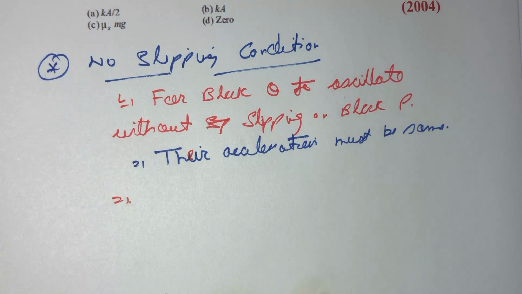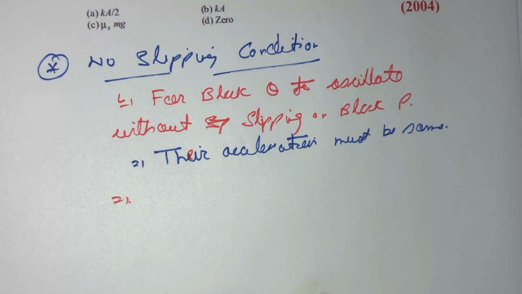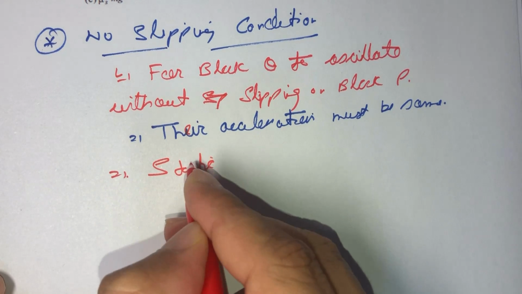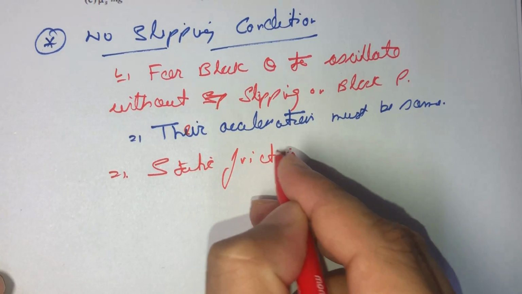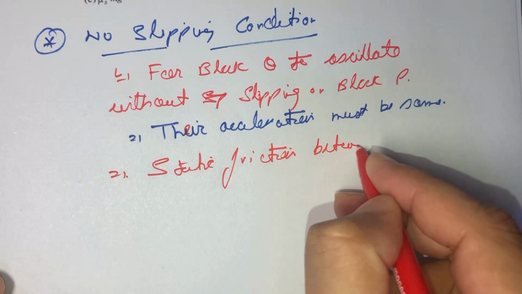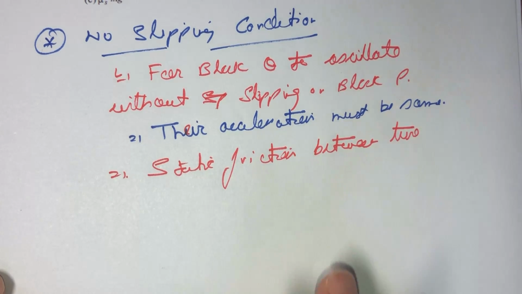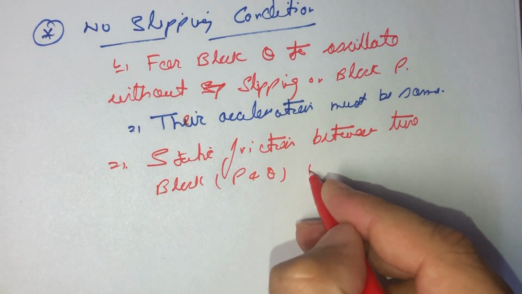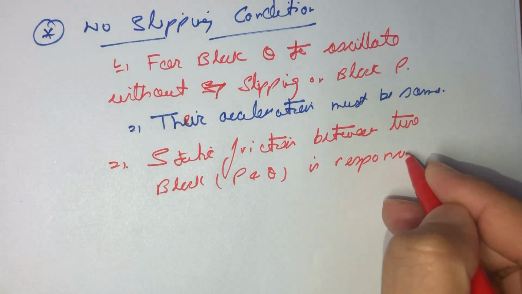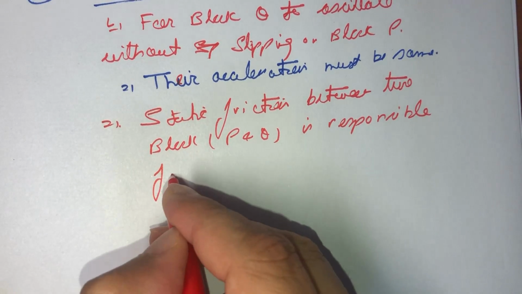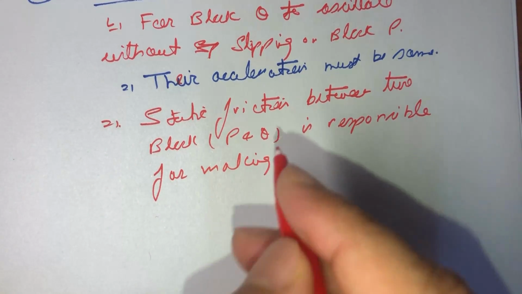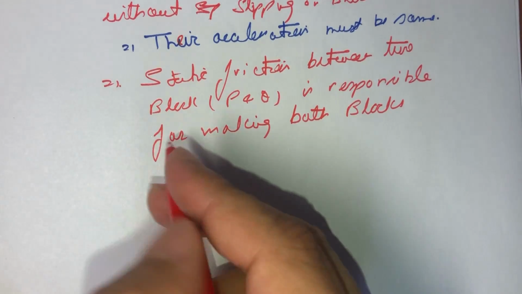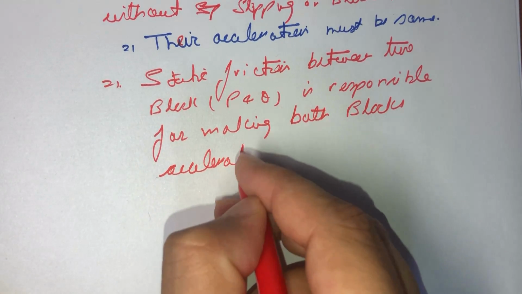Therefore, static friction between the two blocks P and Q is responsible for making both blocks accelerate together.